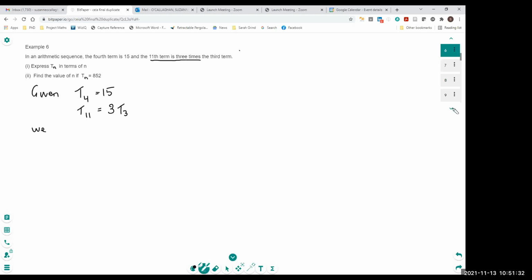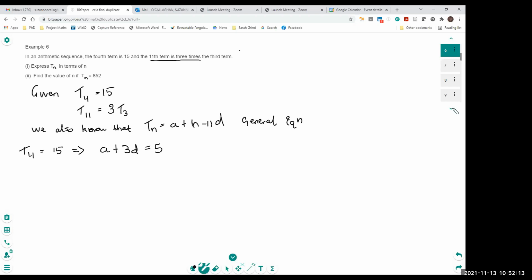But we also know that t of n is equal to a plus n minus 1 d. That's our general term. So if t of 4 is equal to 15, that implies that a plus 3d is equal to 15.